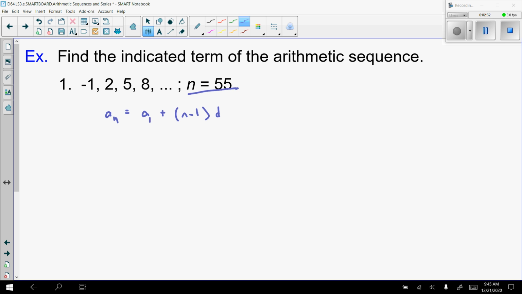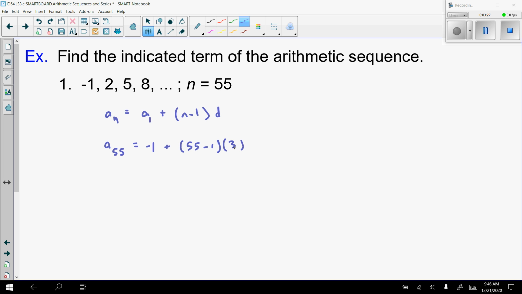Since my n is 55, I'm looking for the 55th term, so a sub 55 equals a sub 1, which represents the first term, and -1 is the first term. So now my n is 55 minus 1, and there's enough information here for me to figure out the difference. The difference in this problem is 3.